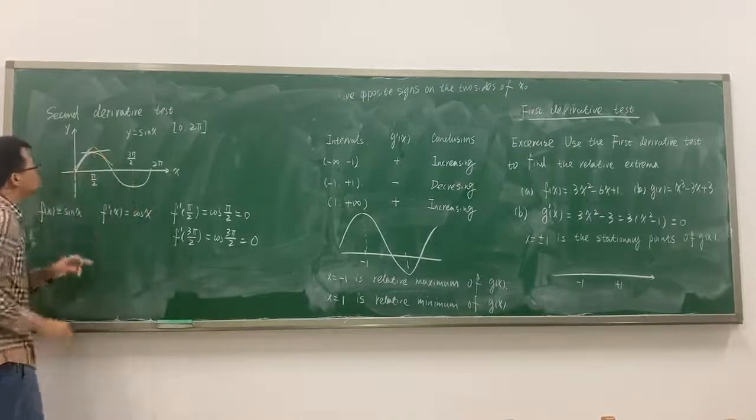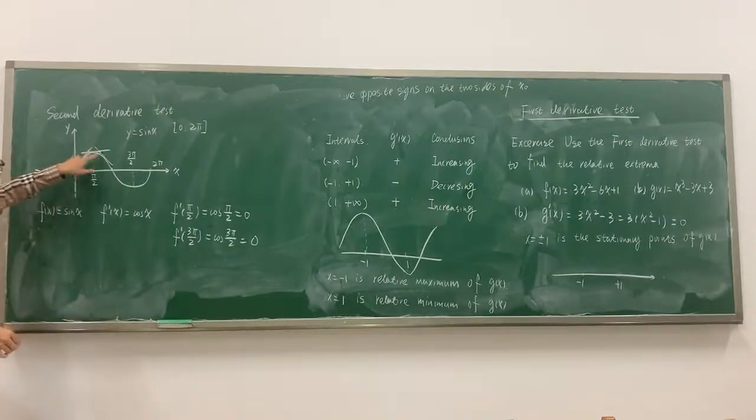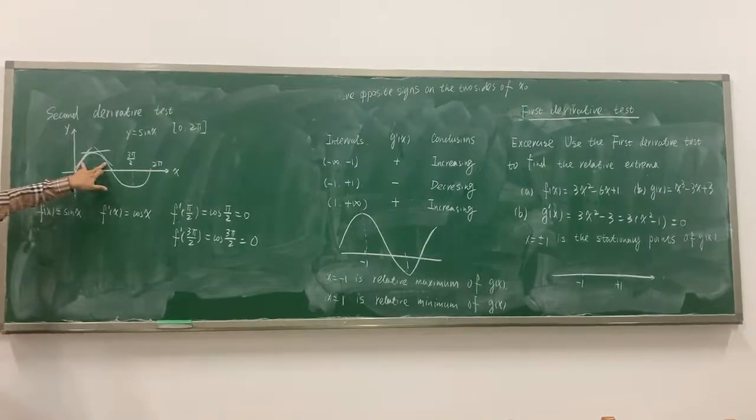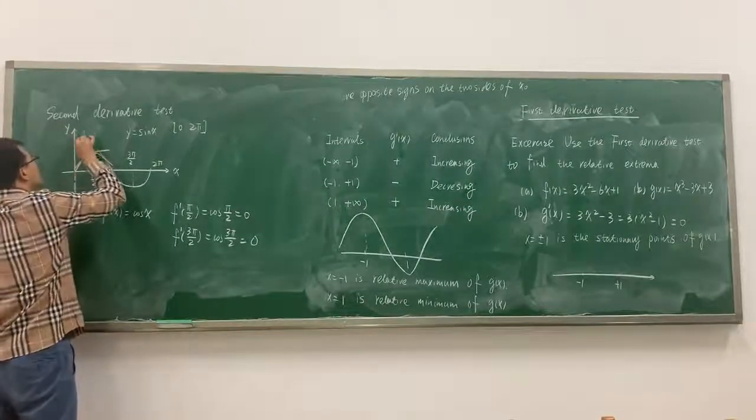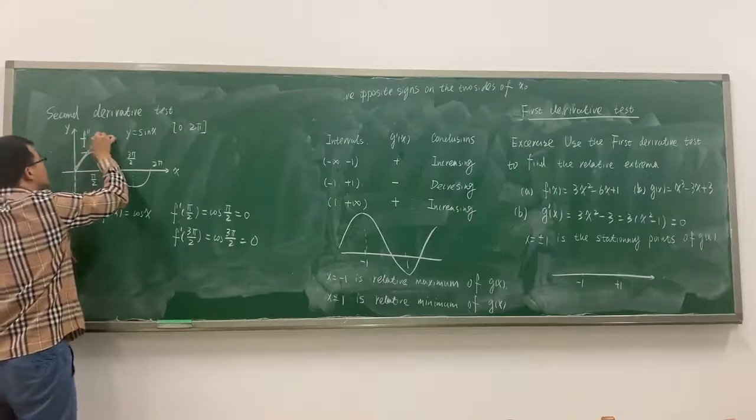So here we can see the graph lies below the dashed line. So on this part, is it concave up or concave down? Concave down, yeah? So concave down means f double prime is positive or negative? Negative, yeah? So here it is negative.